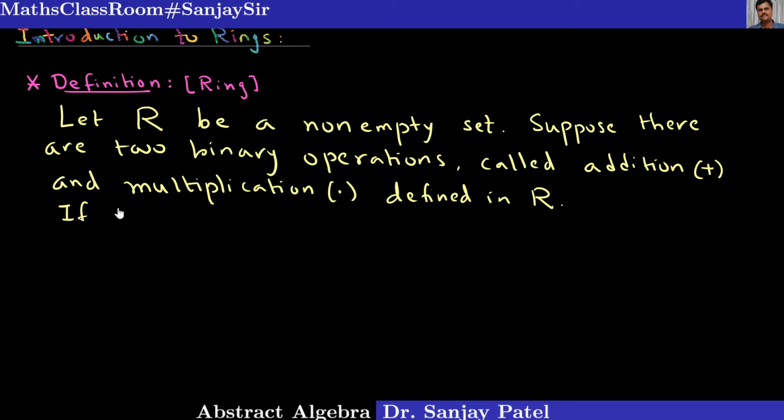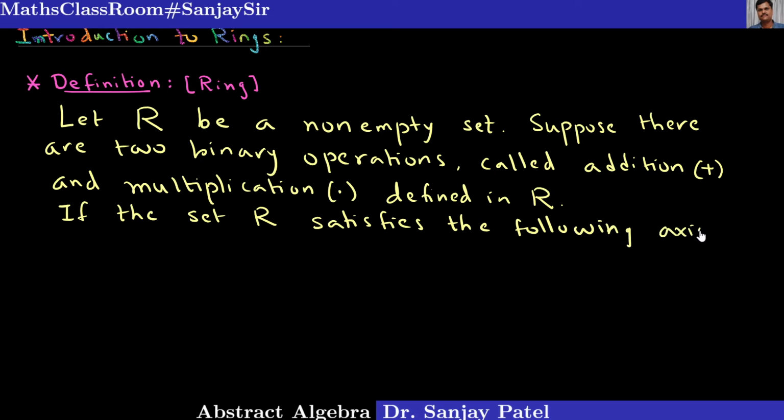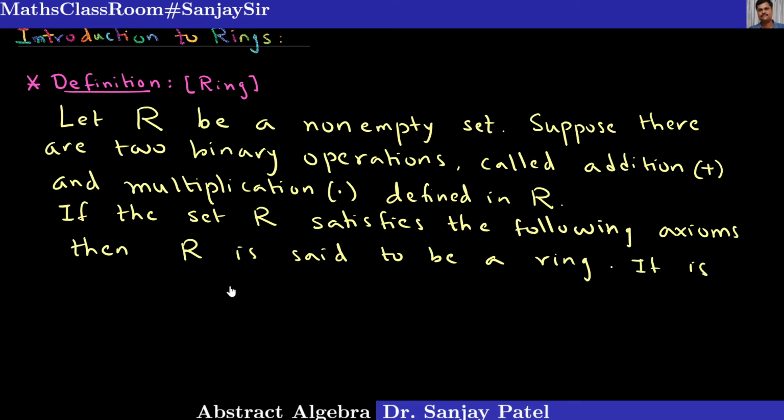If the set R satisfies the following axioms, then R is said to be a ring with respect to these operations, and it is denoted by the symbol R plus dot.